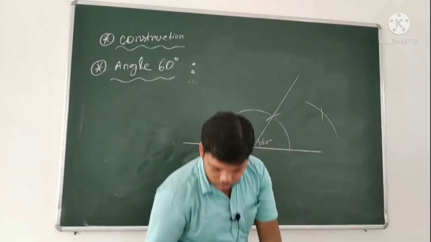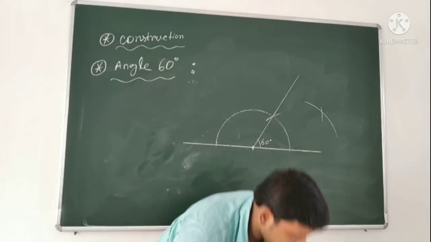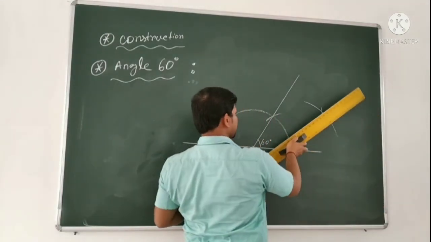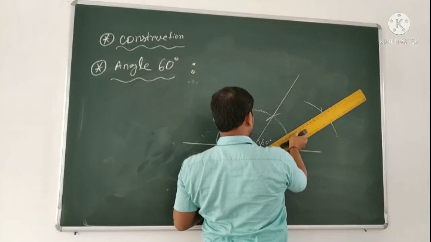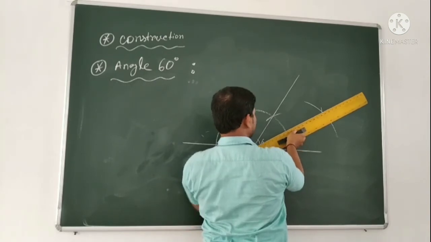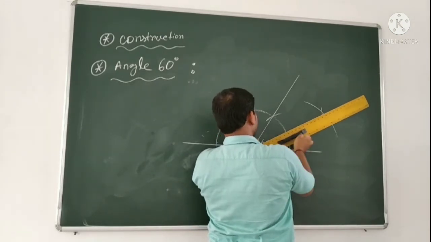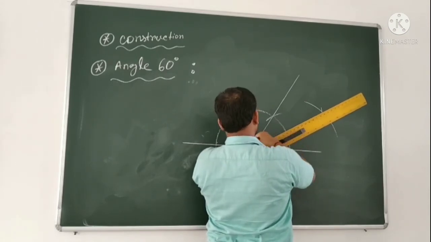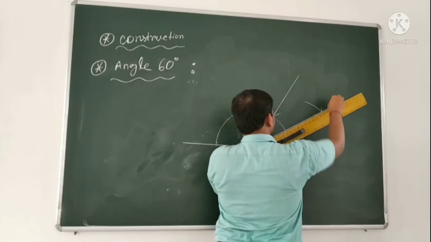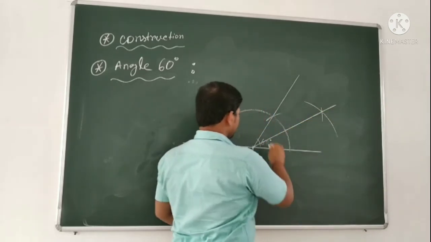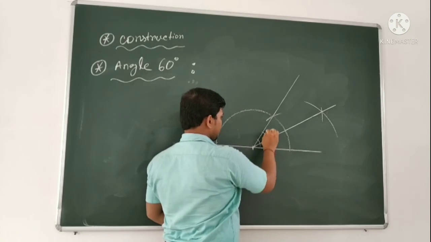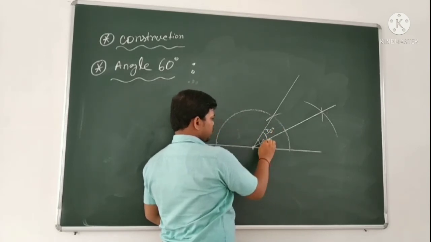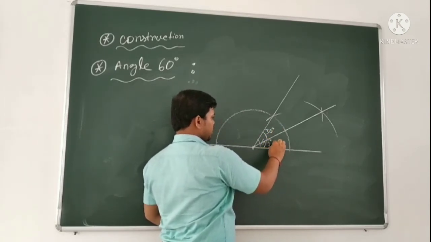Then just connect these 2 points, then we will get a 30-degree angle. This angle and this angle are 30-degree.